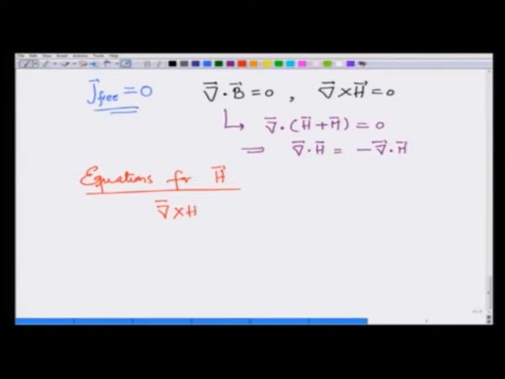Curl of H is 0 and divergence of H is equal to minus divergence of M.